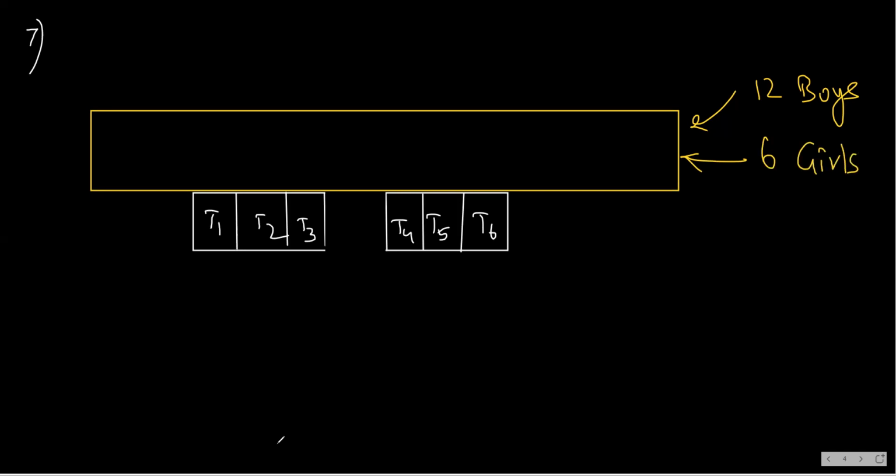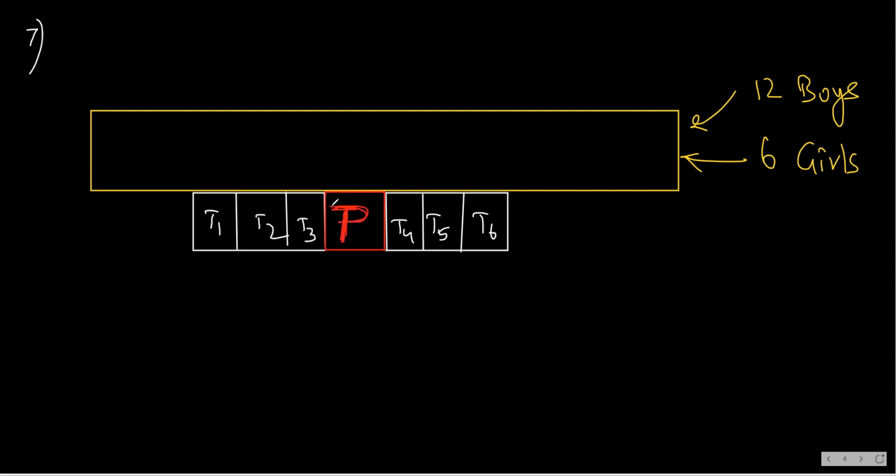Further, they say if the middle position is reserved for the principal, and if no two girls are together, find the number of arrangements. Now, students, they are saying that middle position is for the principal. So definitely principal is going to sit amongst the teachers. So this is for principal, the middle position.